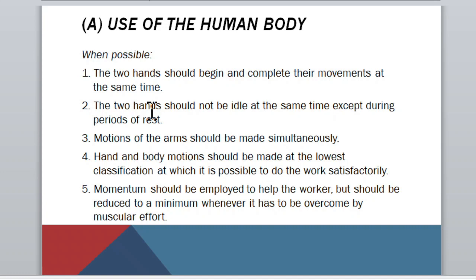The fourth one there is hand and body motions should be made at the lowest classification at which it is possible to do the work satisfactorily. Why the lowest classification? Because there are tendencies that if the company is aiming for the highest classification, it doesn't talk about the quality. It talks about the nature of the work.